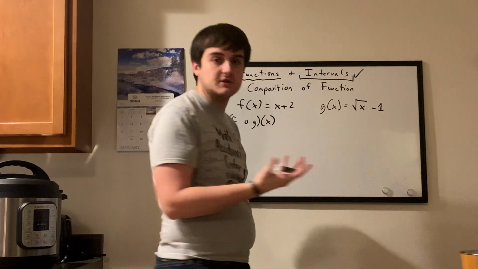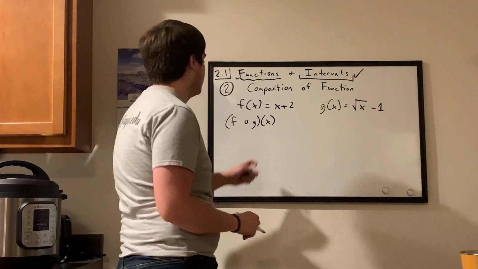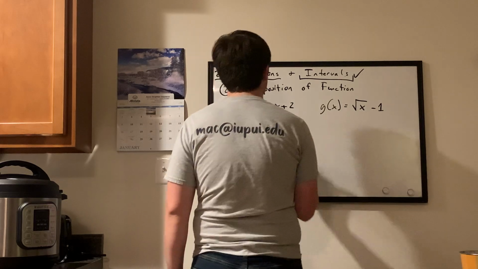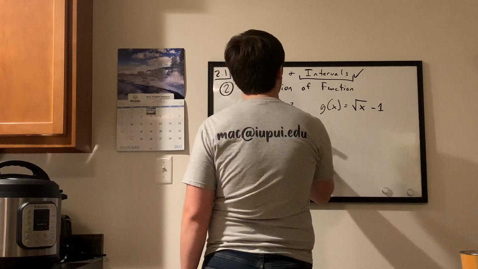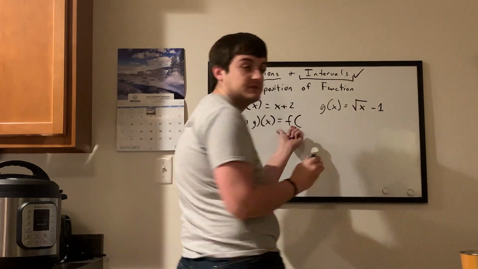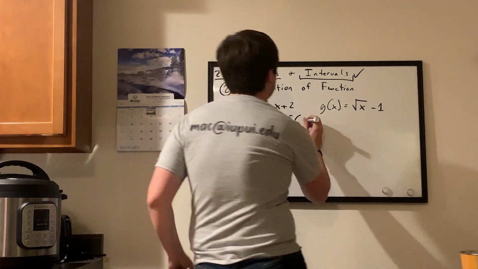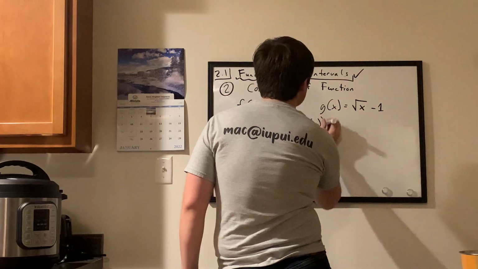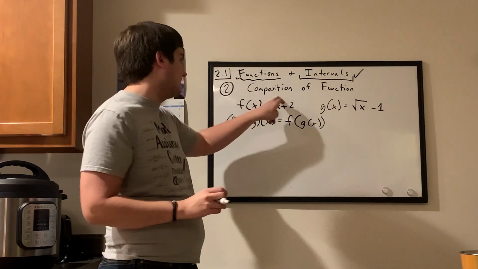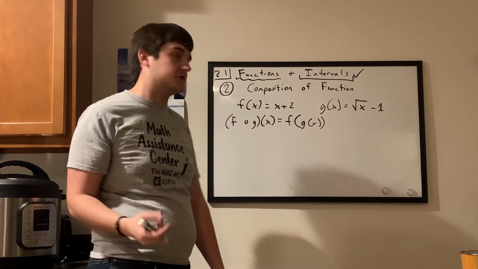So this is a function composition, right? So what this is going to look like is I'm going to have f. Another way to write this, I guess, essentially is to say that I have my function f, and in place of x, I'm going to plug in g of x, right? So this and this are the same thing, but they are both this idea of this composition of a function.